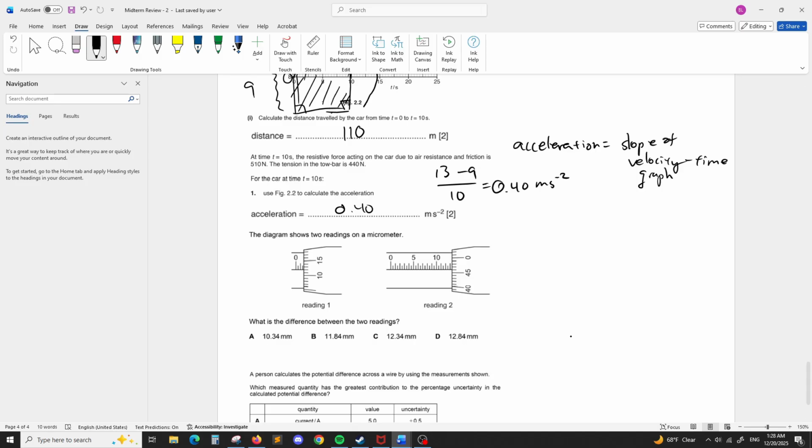All right. So the diagram shows two readings on a micrometer, A and B. What is the difference between the two readings? So this question is obviously trying to see if you understand how to read a micrometer. I actually didn't learn how to read a micrometer in class because I was sick, so I watched a video on YouTube.